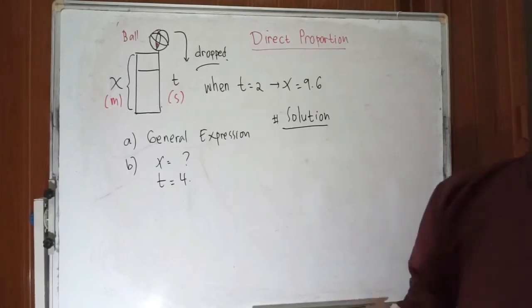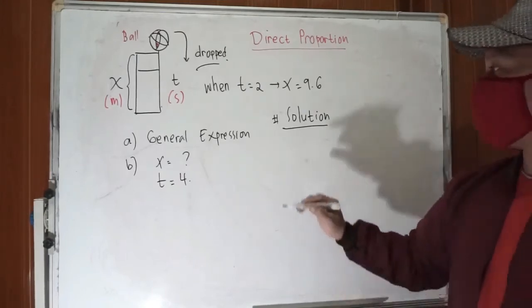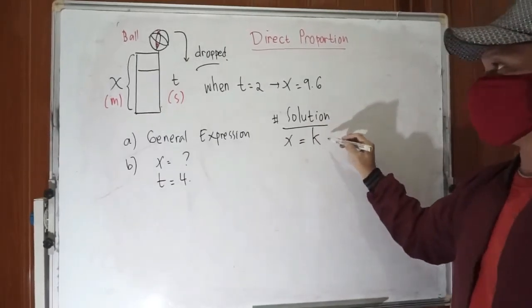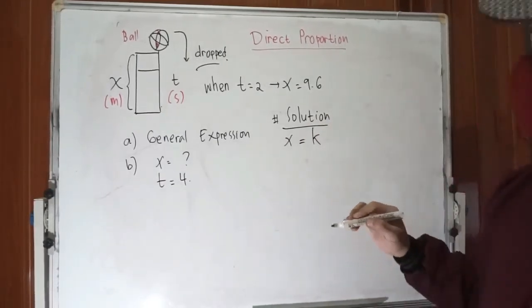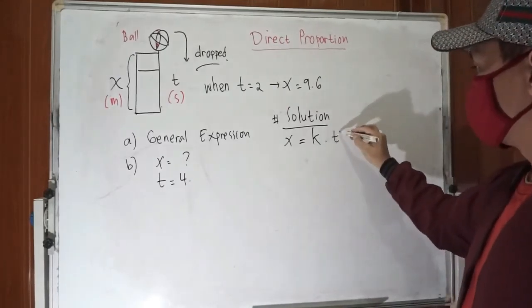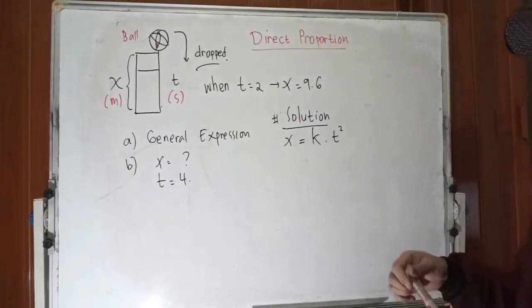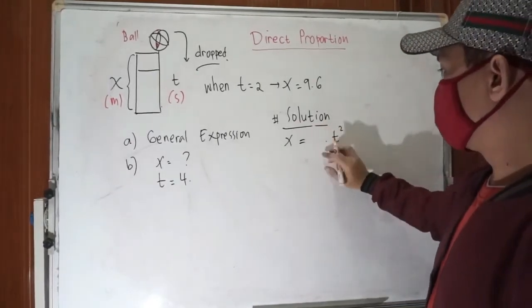The information is x is directly proportional to t squared. Better I change the color of this k.